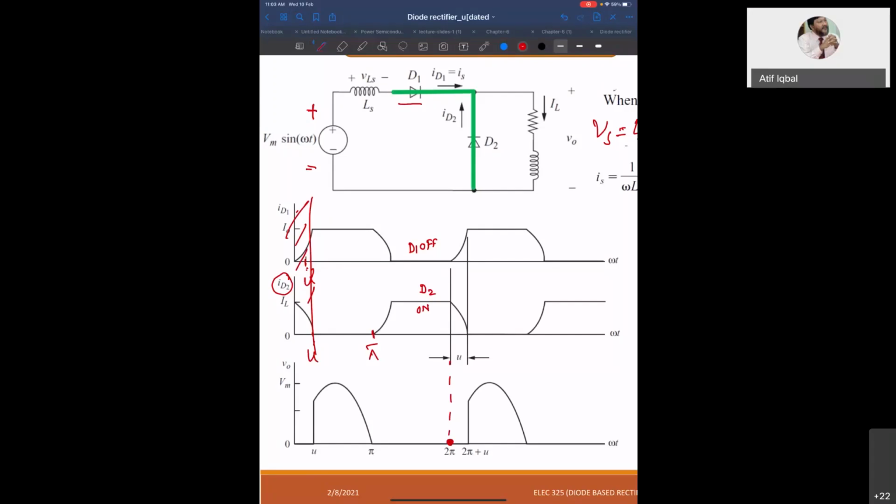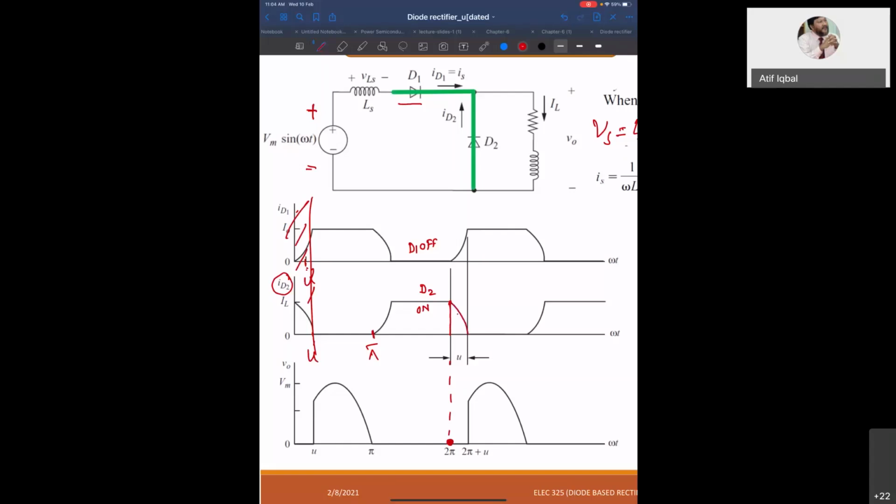So when D1 is turned on, ideally D2 should turn off immediately, but it does not turn off immediately, because the current does not go to 0 at once; the current slowly falls.